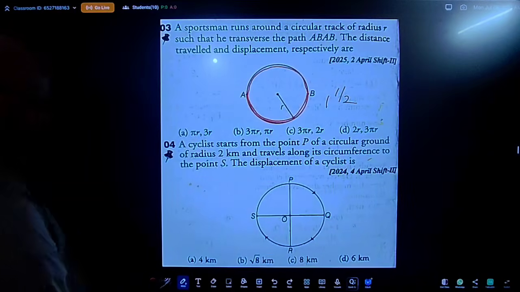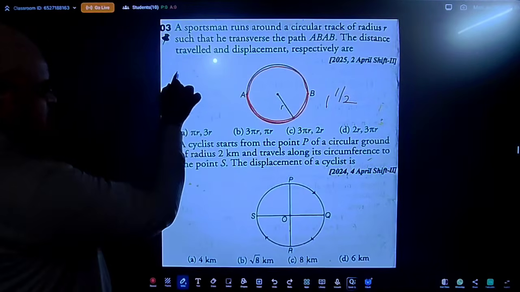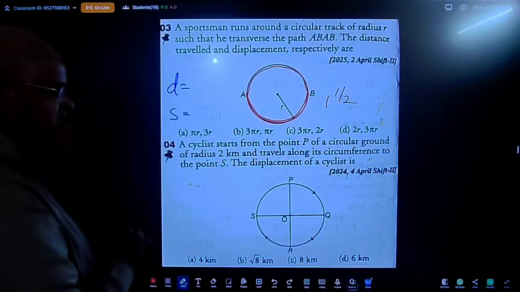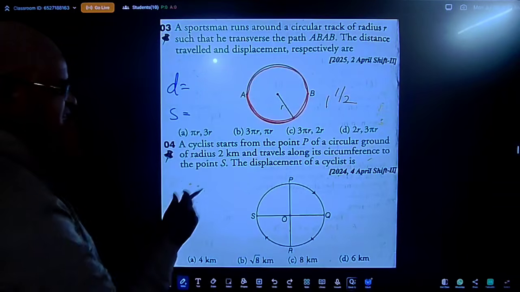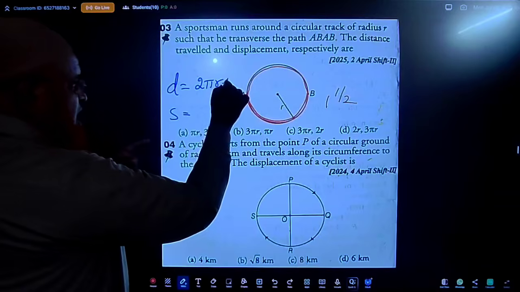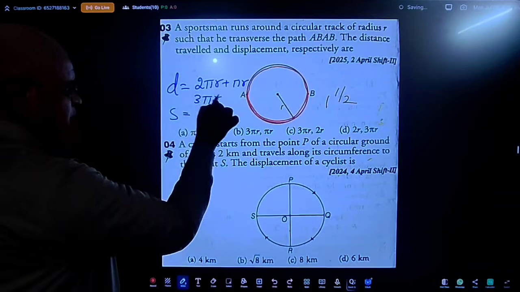So how do you write the distance here? Distance is d, displacement is s. For one circle it is one circumference, for half circle it is pi r, so totally it is going to be 3 pi r.